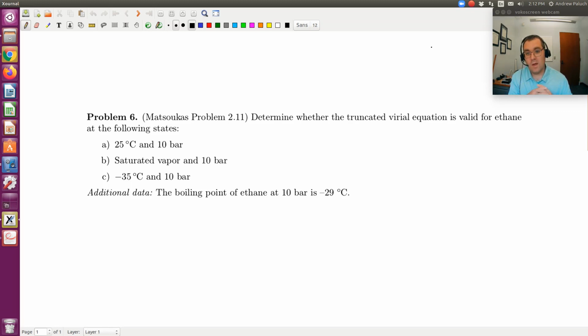Okay, truncated Virial equation. Remember, when they mention the truncated Virial equation in the text, typically they're talking about inclusion of a second Virial coefficient. Essentially, it's a Taylor series expansion for Z truncated after the second term, so it's a first order correction to my ideal gas limit.